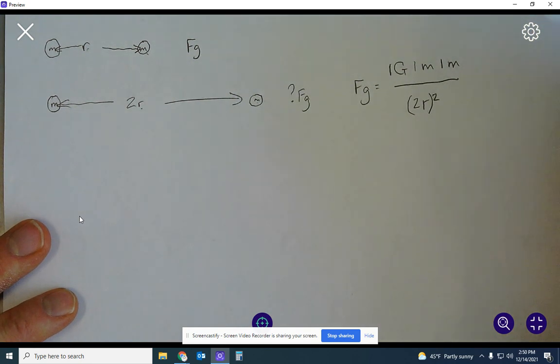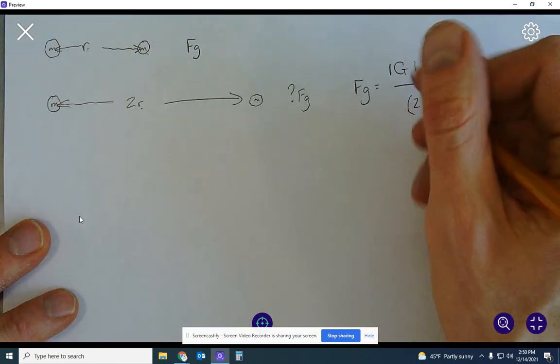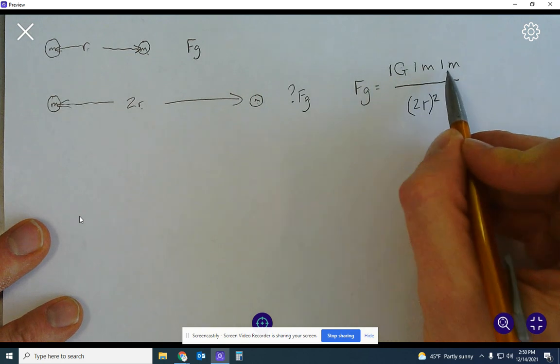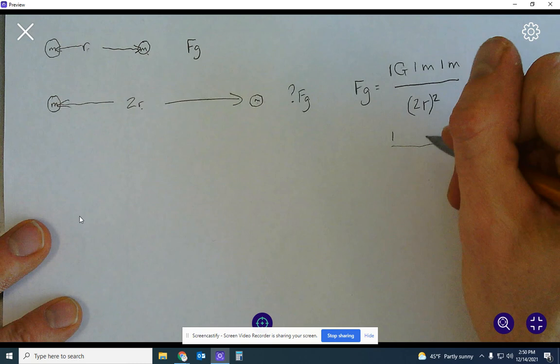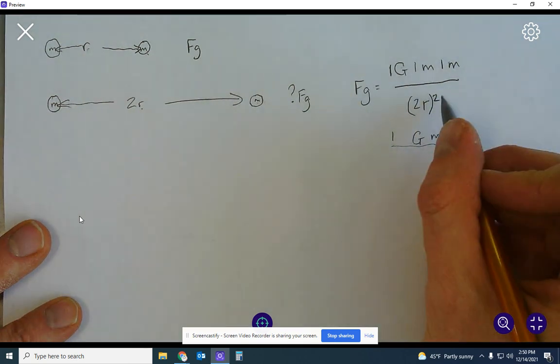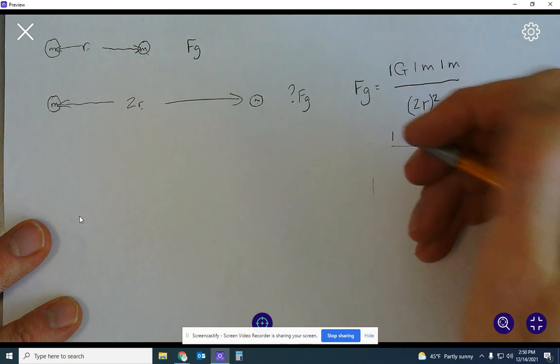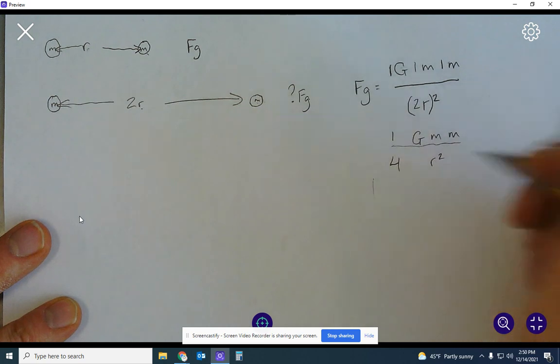And then what I do is I need to factor this out of my formula and pull it out. So what is 1 times 1 times 1 in the numerator? Well, it's 1. And that leaves me with G times m times m. And what is 2 squared? Well, that is 4. And what is r squared? Well, it's r squared.